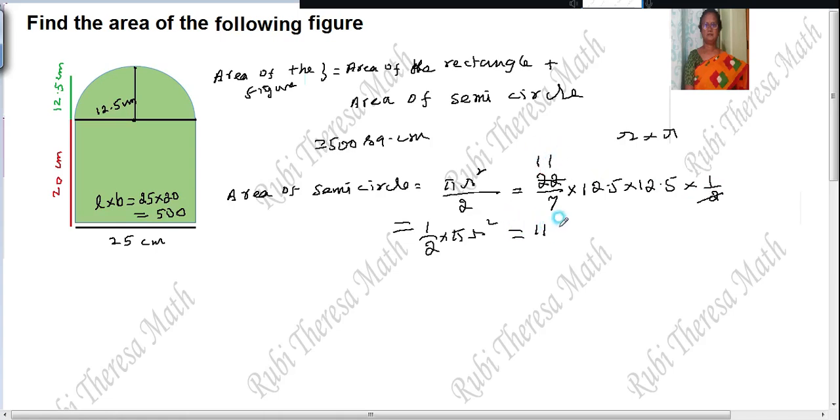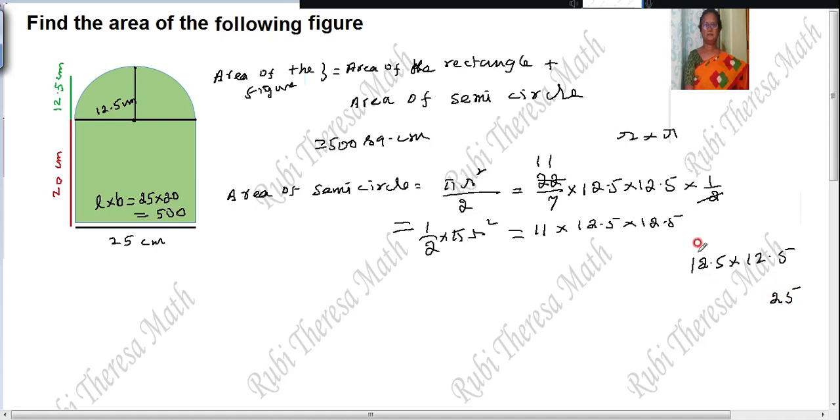So 11 into 12.5 into 12.5. Finding squares of numbers ending with 5 is very easy in Vedic maths. You always get the answer ending in 25.